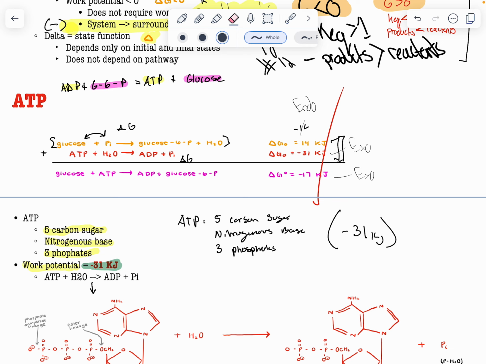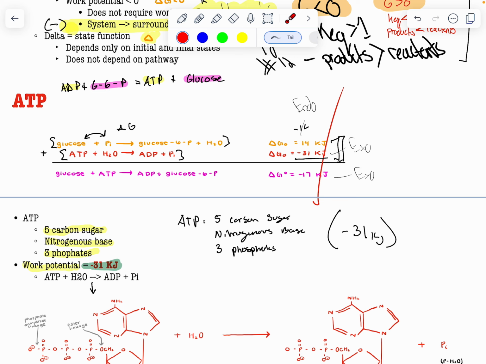So we will couple this reaction with ATP here because ATP provides energy. We provide negative 31 kilojoules per ATP. So by pairing it with ATP, we have that input of energy we need to get this top reaction. We know when we add ATP, we can use the energy from ATP to put into this delta G to get this reaction to go, or to get glucose plus a phosphate group to turn into glucose 6P.